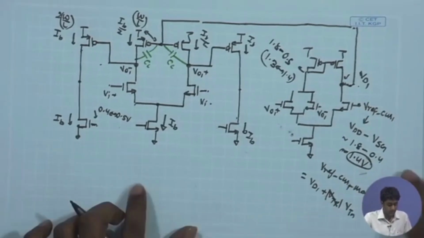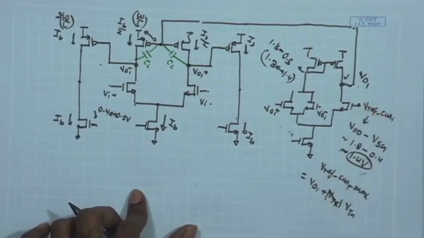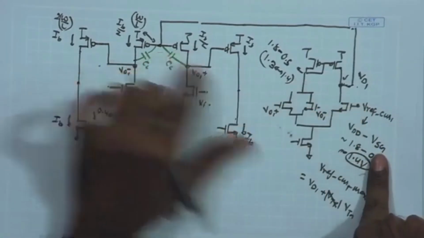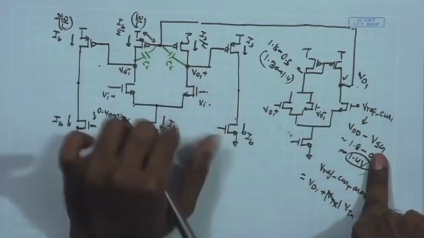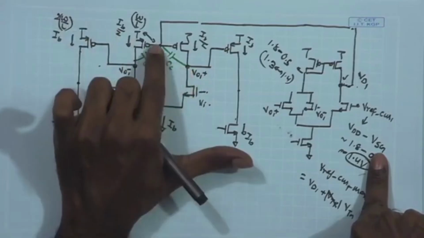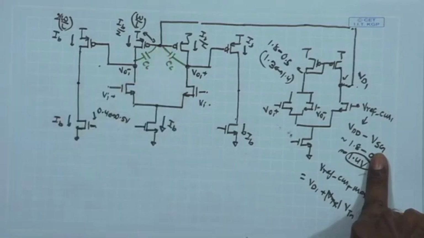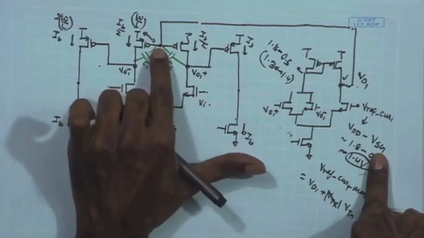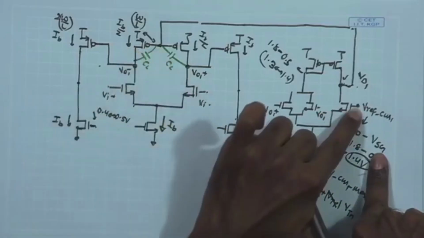Now, one question can be how to obtain the VCM ref, because this VCM ref is supposed to be equal to the DC bias points over here, and what we are saying is that these DC points over here should also be close to the gate potential provided at this PMOS. So, for that I can create a reference gate potential of such a PMOS transistor and feed it over here.